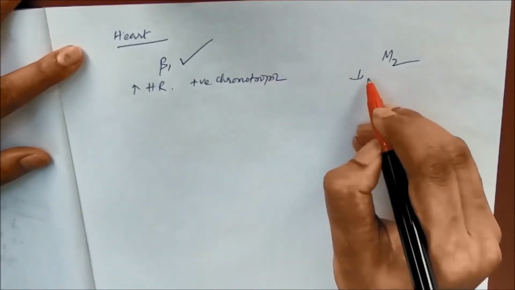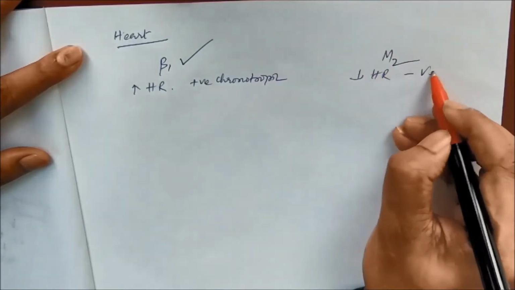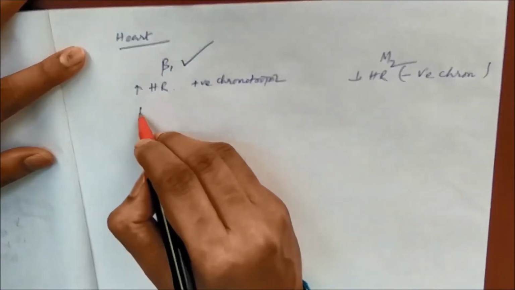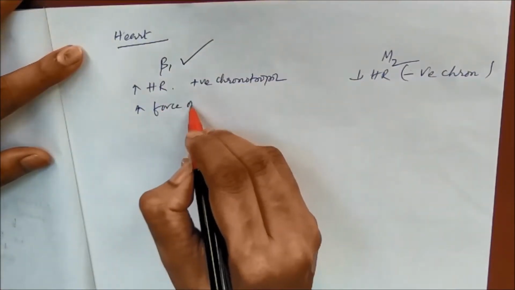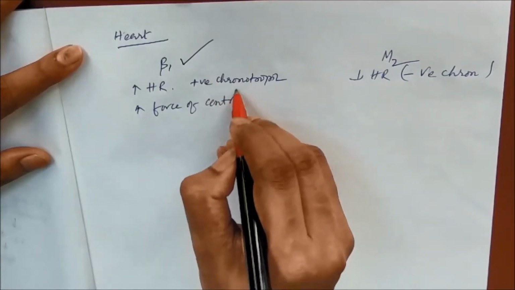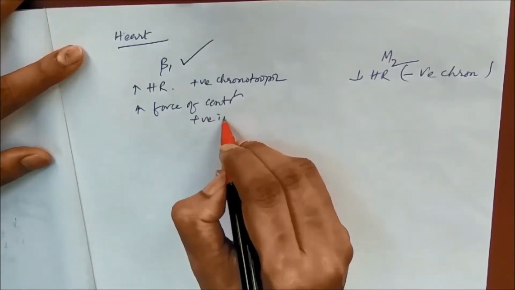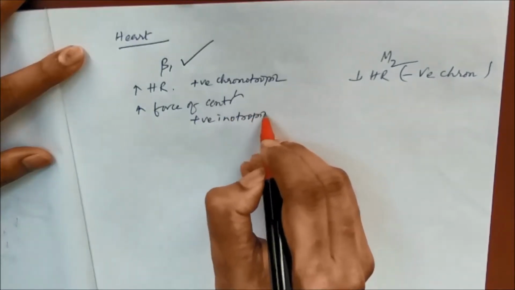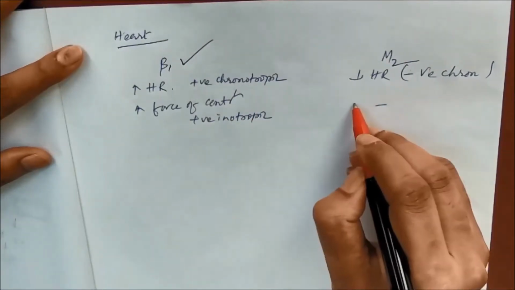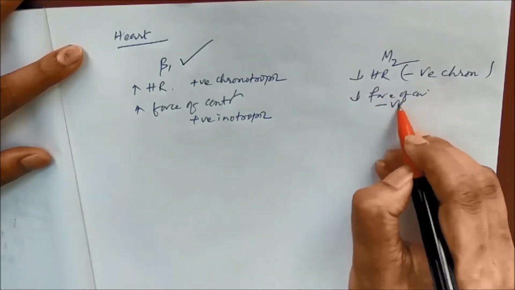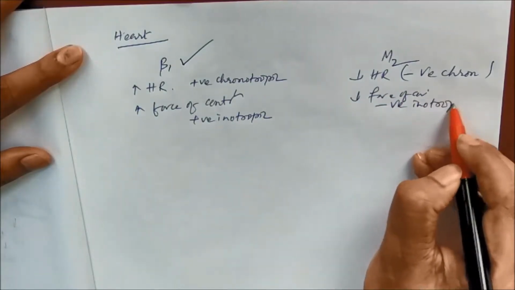So there is decrease in heart rate, that means negative chronotropic effect. Okay, and there is increase in force of contraction, that is called positive inotropic effect, and here it is decrease in force of contraction, so negative inotropic effect.